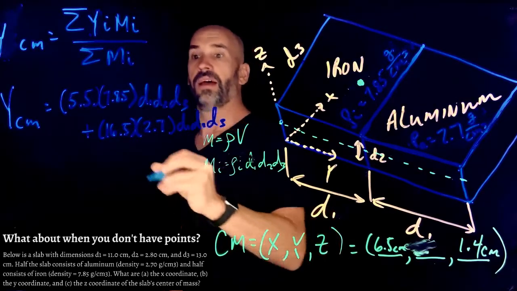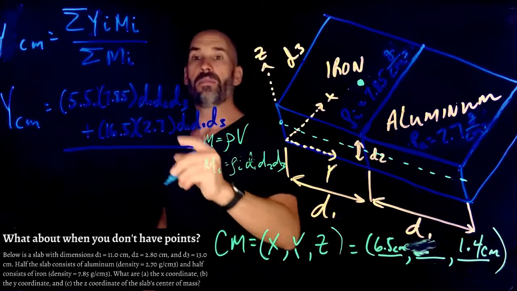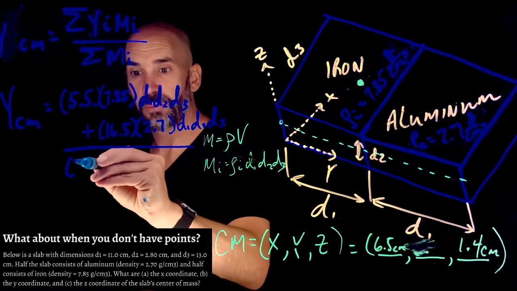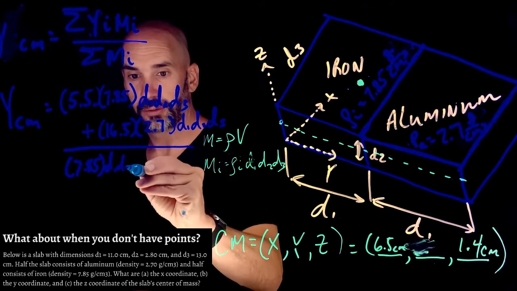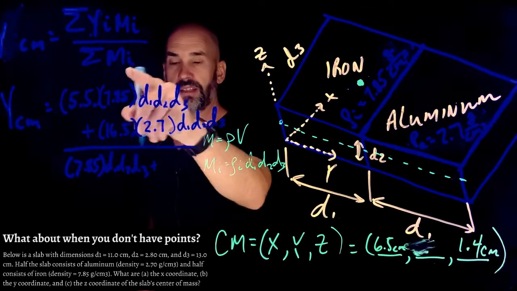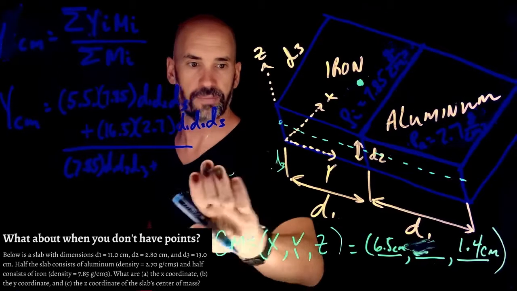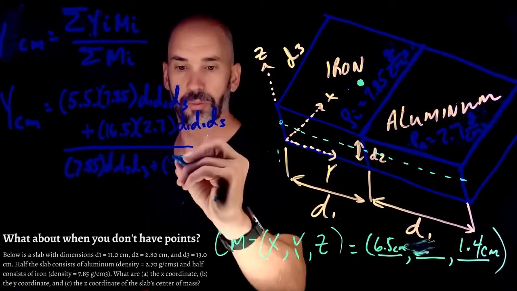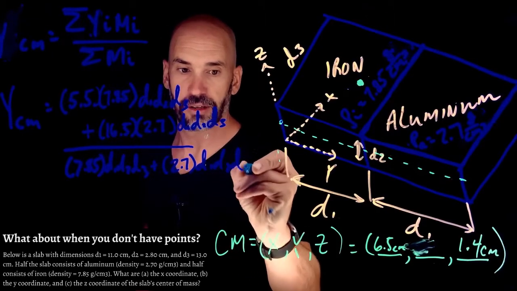And this is all going to be divided by the mass of everything, which is 7.85 D1, D2, D3, that's the mass of iron, plus the density of aluminum, 2.7 D1, D2, D3.